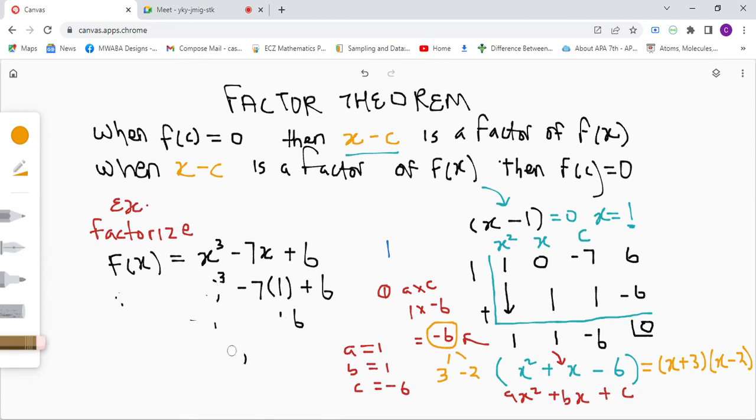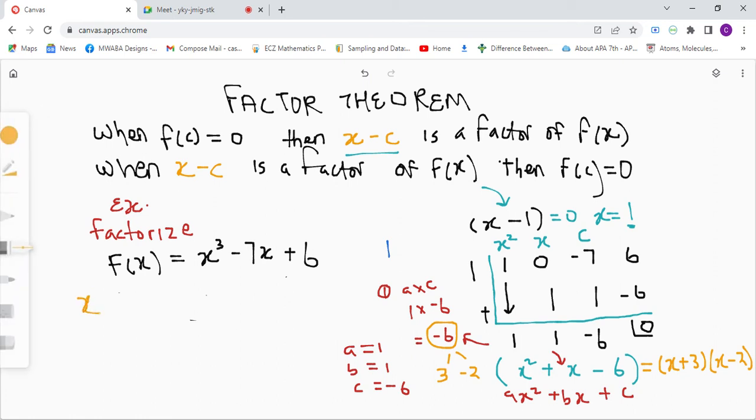So let me write it properly. We'll say here x cubed minus 7x plus 6 equals, we list down our linear factors.